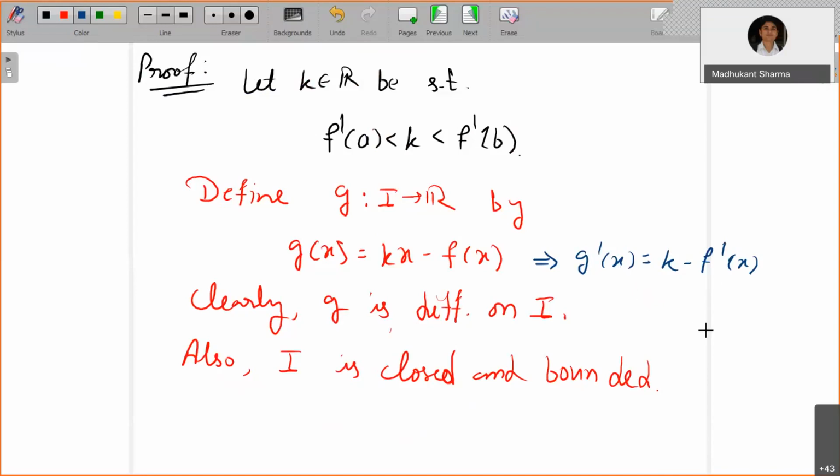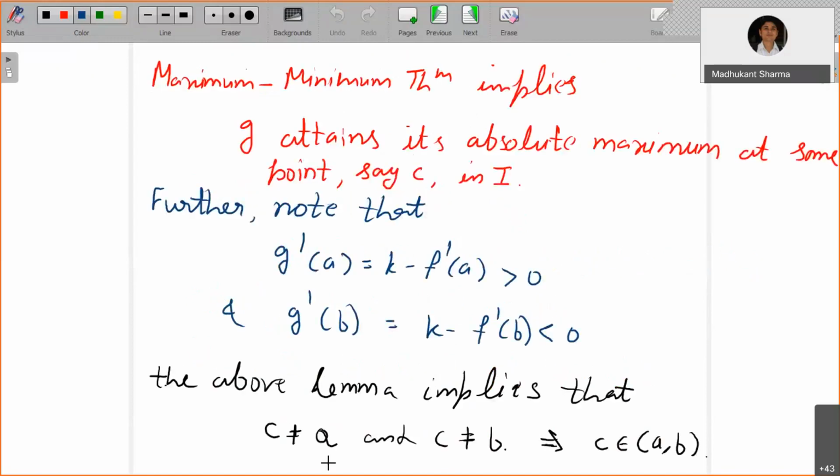And just now you have observed from the previous result that if at a point the derivative exists and is greater than 0 or less than 0, then it will not attain its relative maximum there. So the only possibility is g dash of c is 0, and this will discard the possibility that c equals a and c equals b.